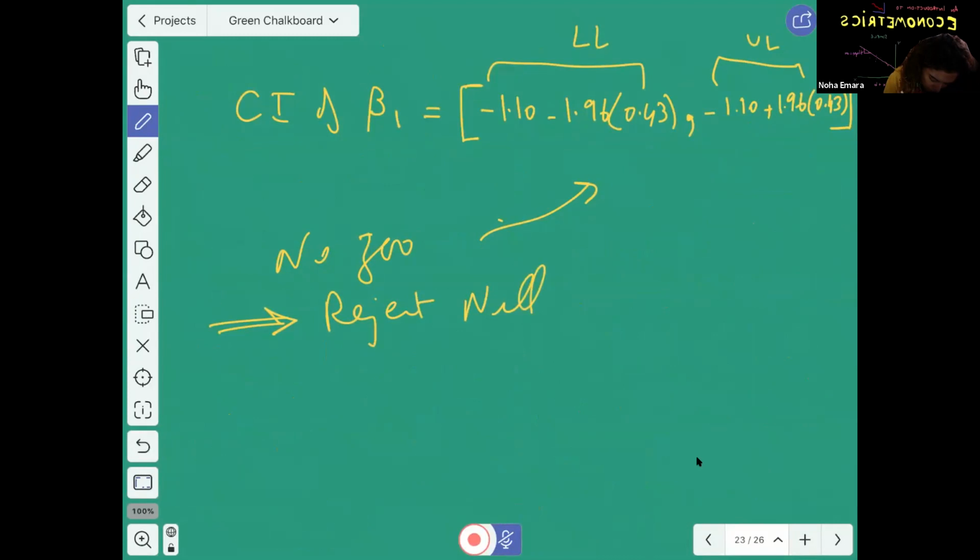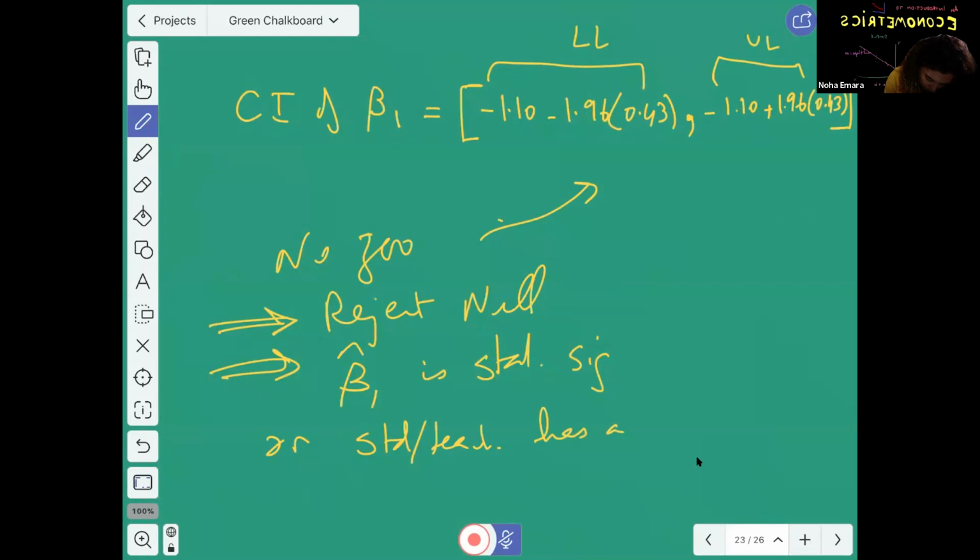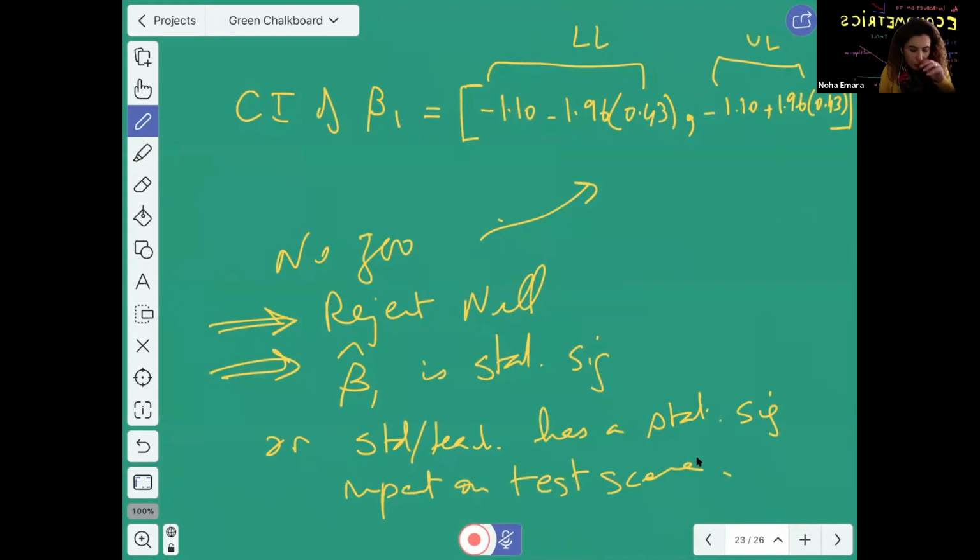And if I reject the null, beta 1 is statistically significant, or you can say that student-teacher ratio has a statistically significant impact on test score. So whatever number we found, which is 1.1, is not only a number, but a meaningful number. It's statistically important, statistically significant.